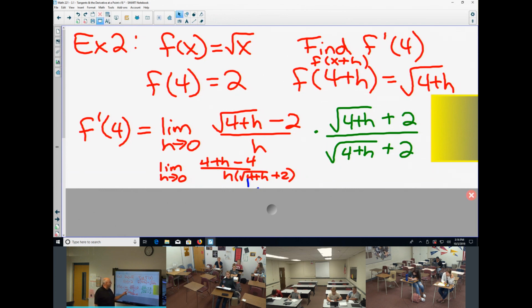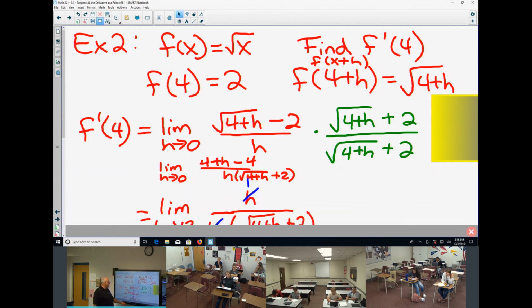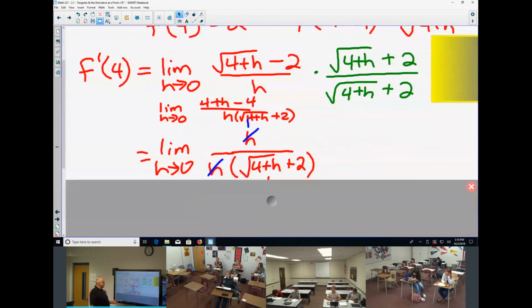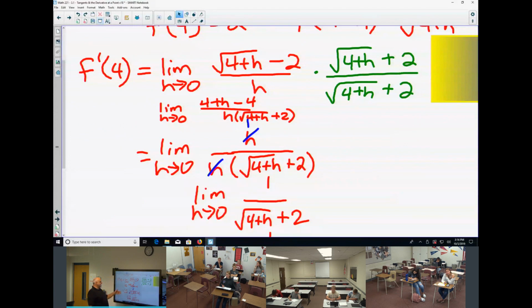So now the 4's are going to cancel. And then I just have h in the numerator, so now I can cancel it with that h. So now I take the limit of 1 over the radical 4 plus h plus 2. And finally, I can plug in.